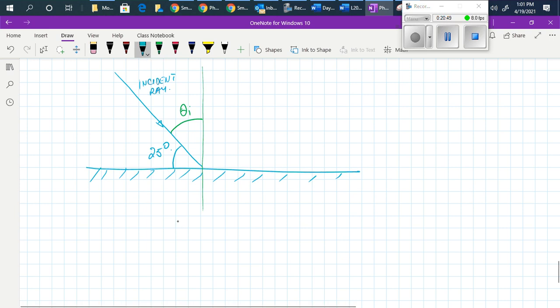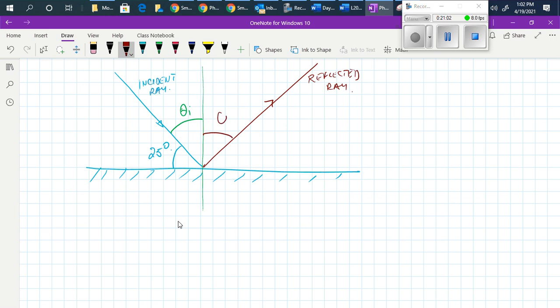And then as a result of this, we will see a reflected ray that is forming the same reflected angle as the incident angle.